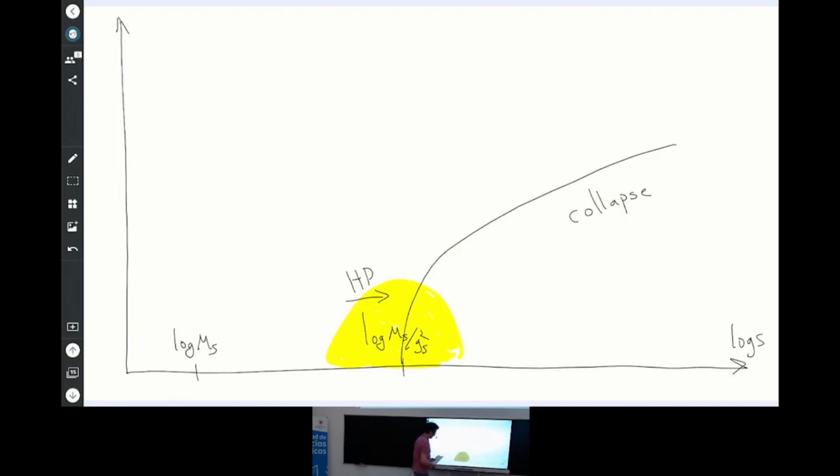Maybe she can correct me if I'm wrong. And then there is a question: what exactly happens? What is the nature of this transition? Can we solve string theory somewhere here and say something about the amplitudes, and maybe learn something about the collapse?